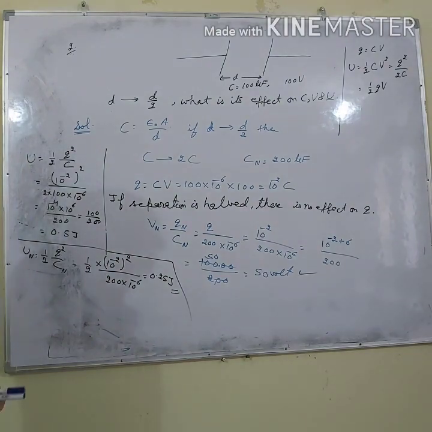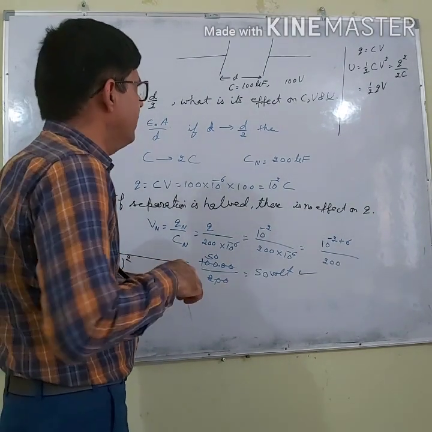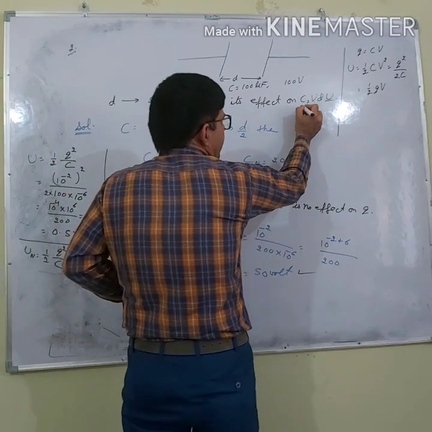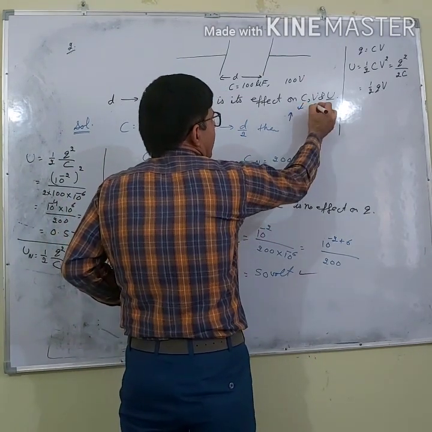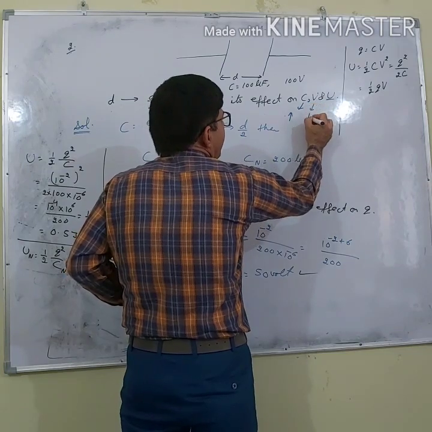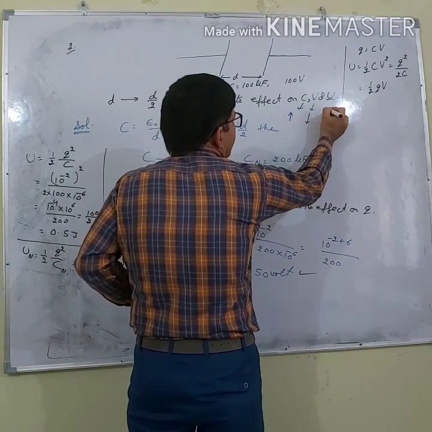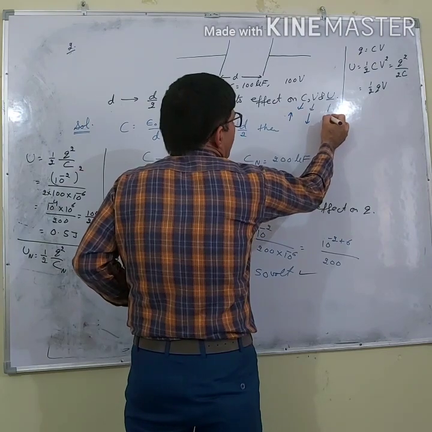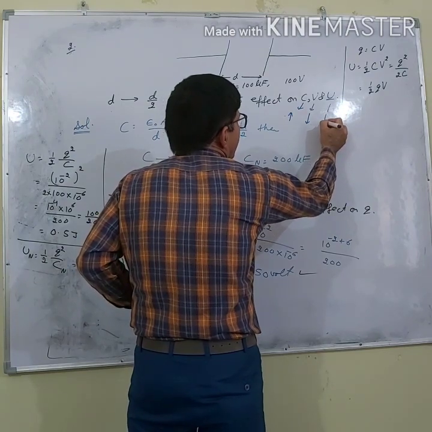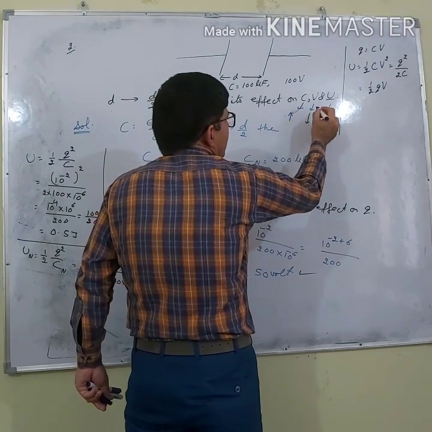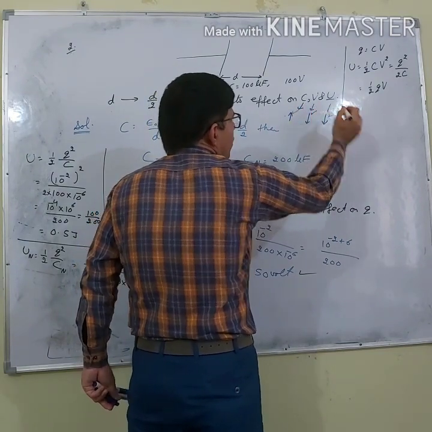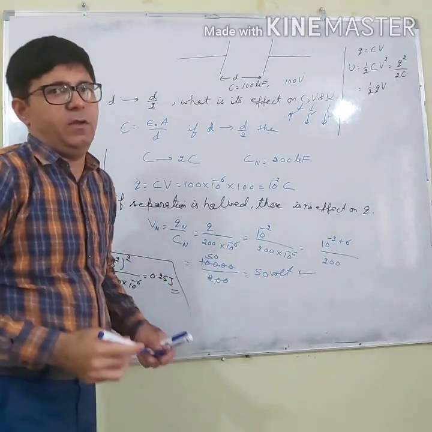So what does it mean? It means that capacity will increase and potential will decrease. And what about the potential energy? It will also decrease. So only capacity increased, V and U decreased.